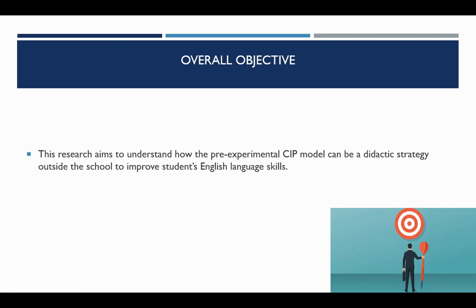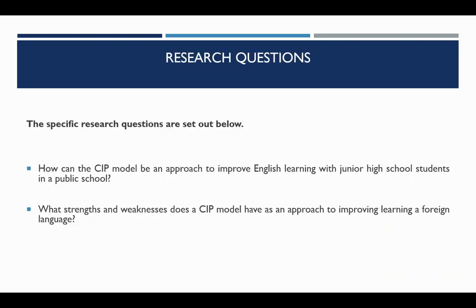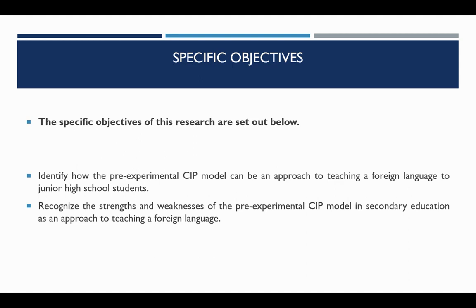And okay, specifically about the overall objective, this research aims to understand how the pre-experimental CIP model can be a didactic strategy outside the school to improve students' English language skills. Talking a little bit about the specific objectives, they are set out below.